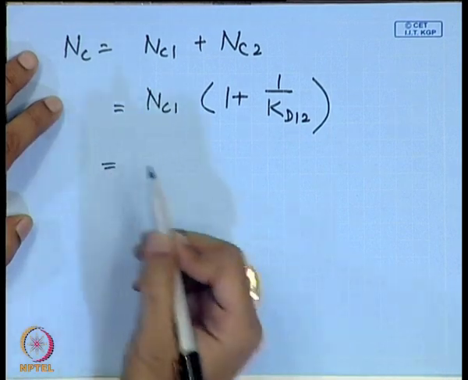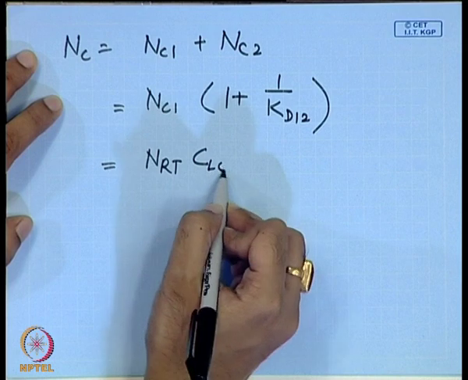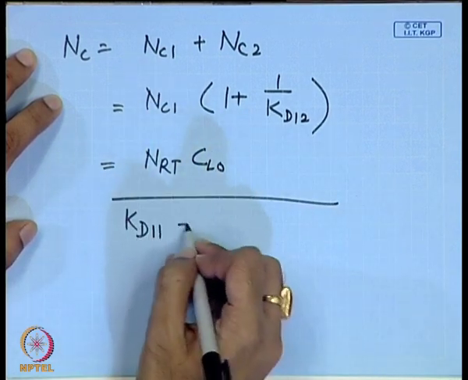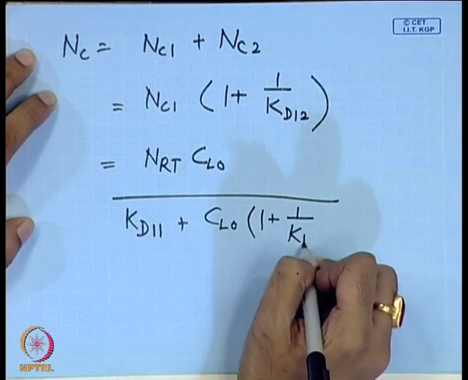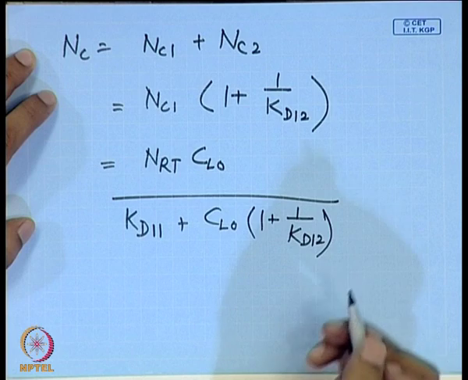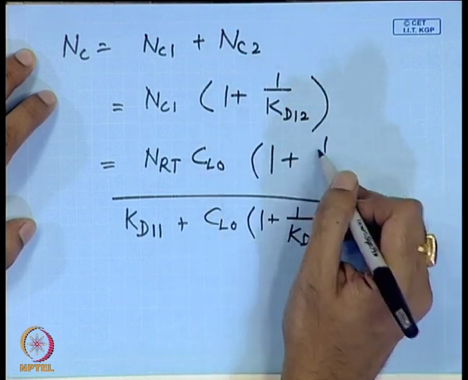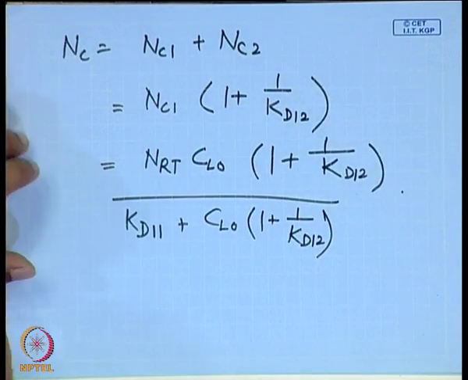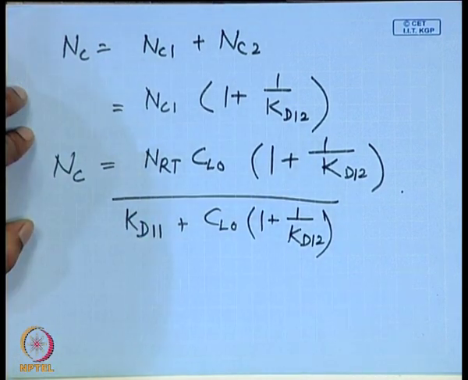Now, NC1 I can write as nRT times CL naught divided by KD11 plus CL naught, times this factor over here, which is 1 over KD12. So, this is my relationship between these numbers.